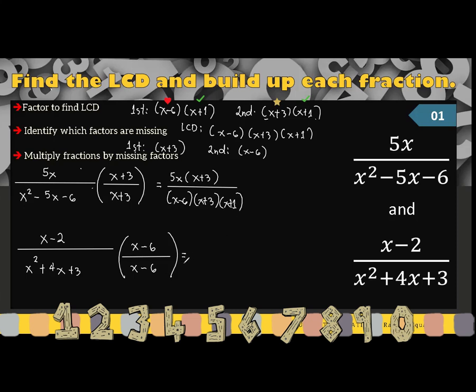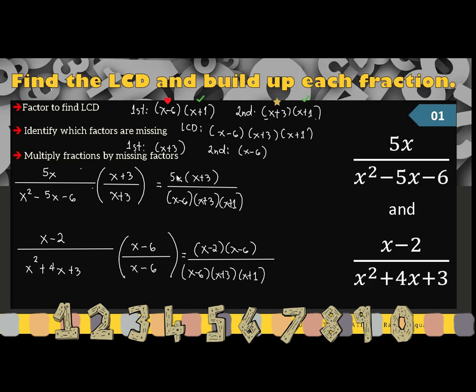Now you must do the same with our second rational expression, multiplying both the numerator. As you can see, we have two binomials here. And again, the denominator must be our LCD.